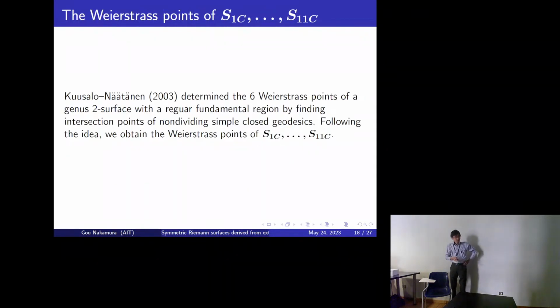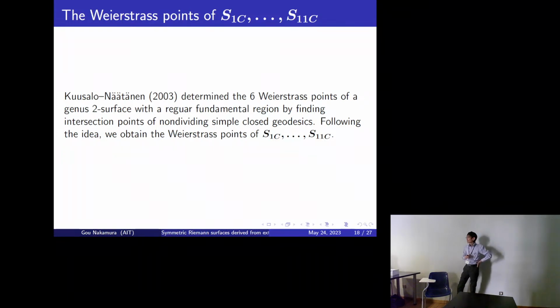So next, I want to find the Weierstrass points of these symmetric Riemann surfaces. In 2003, Gou and Martin determined the 6 Weierstrass points of a genus 2 surface with a regular fundamental region by finding the intersection points of non-dividing simple closed geodesics.